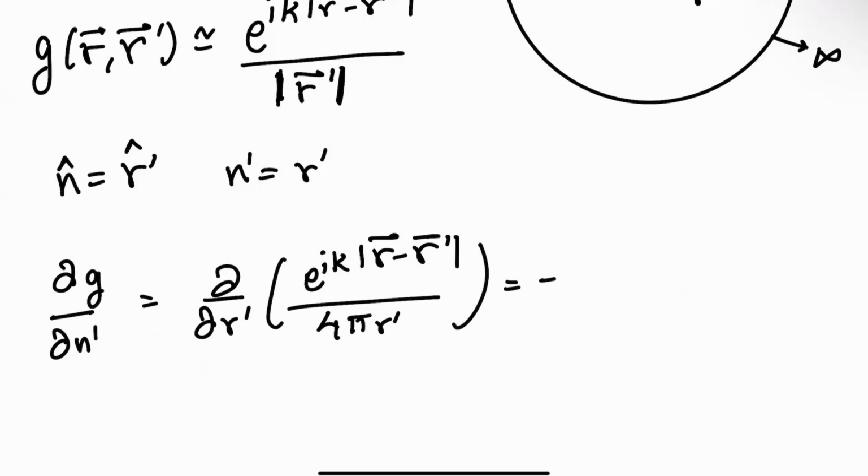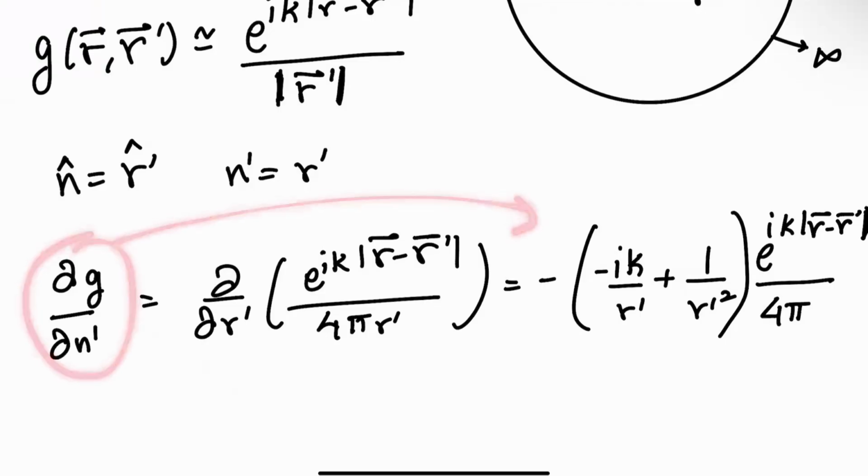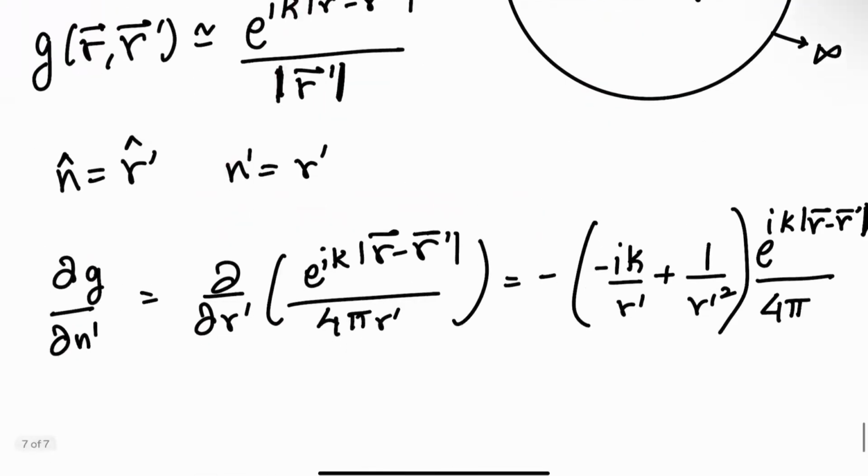You can calculate that, and it turns out to be minus of (−ik/r' + 1/r'^2) times e^(ik|r−r'|) over 4π. Then we substitute that back in here.